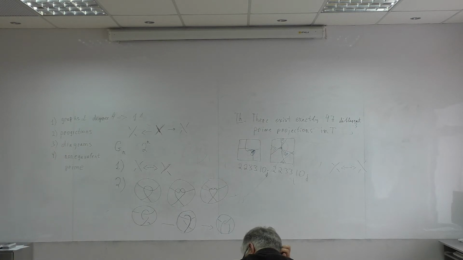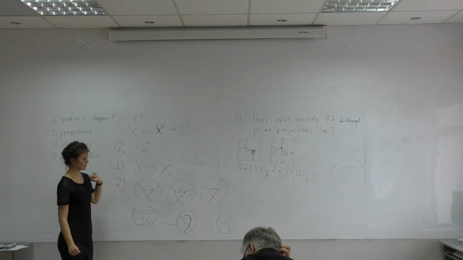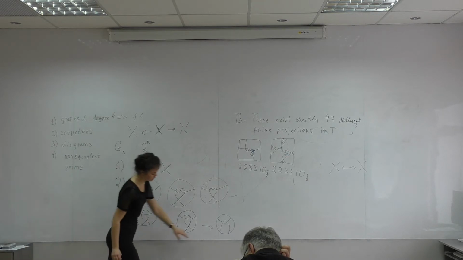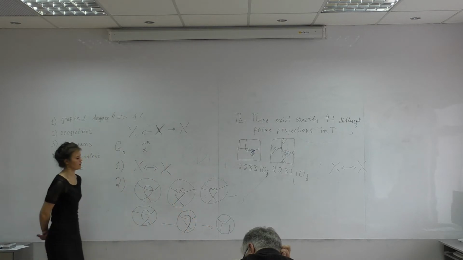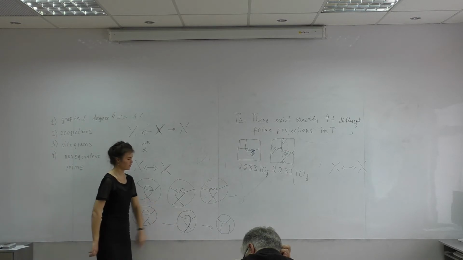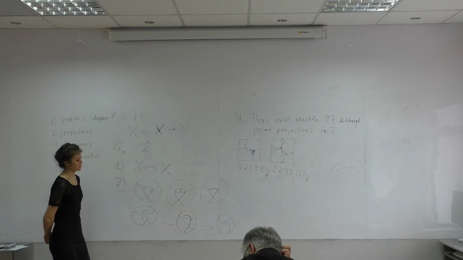So a diagram which contains such a fragment is not minimal, because we can simplify it so as to get a diagram having n-1 crossings.